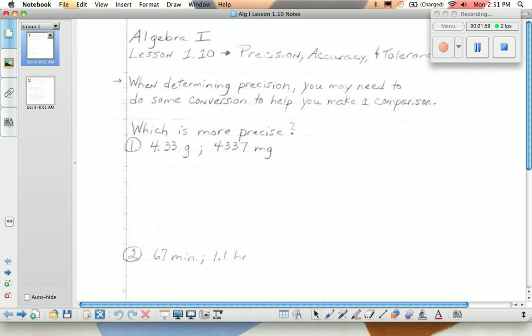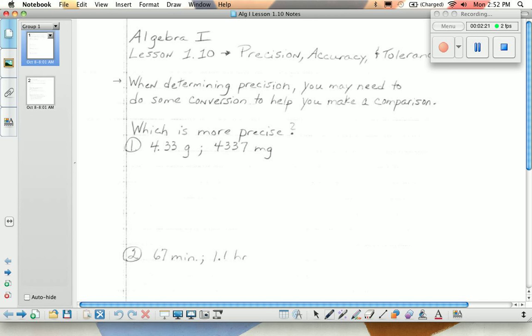No, not because they're a smaller unit of measure. We have to look for which of those is measured to the smallest unit. They mean two different things. So when we are determining precision, we may need to do some conversion to help us make a comparison.